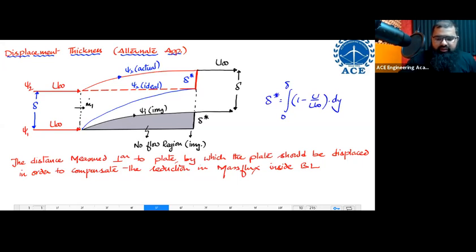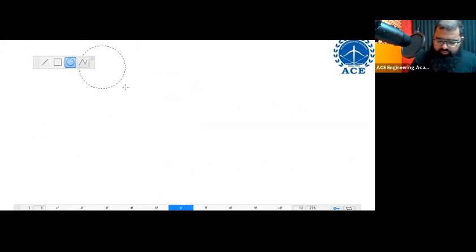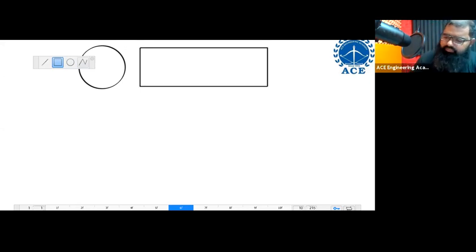Let us see the application of this thing by taking an examination type question. Let us take a 2-mark question. Look at the slide, please. Imagine you're having some wind tunnel.